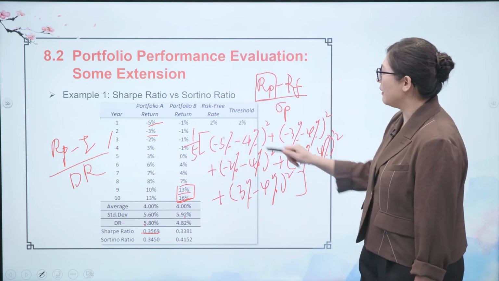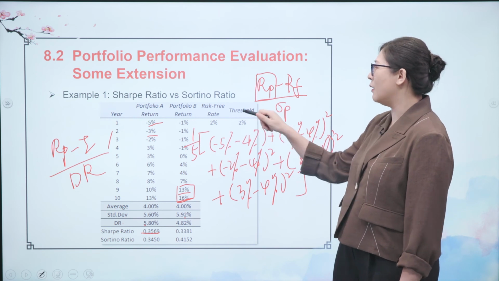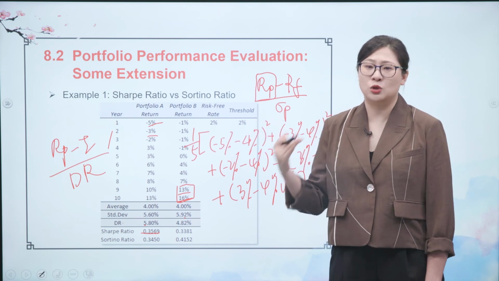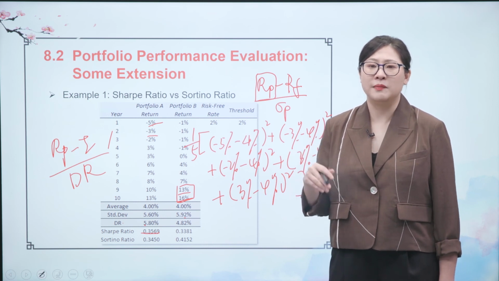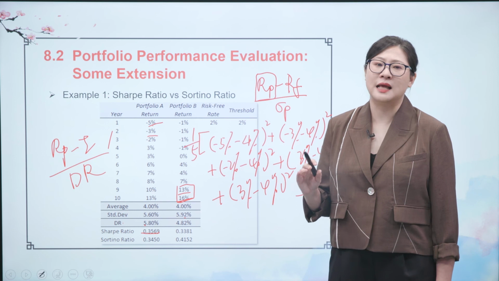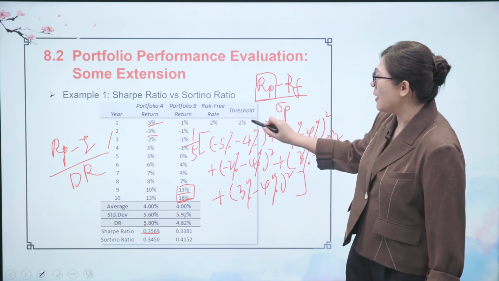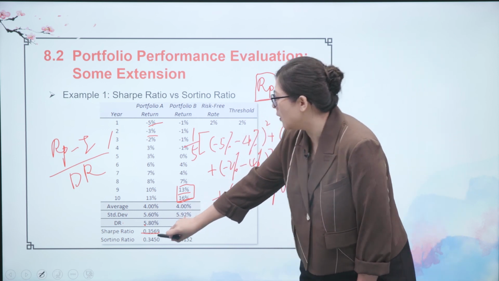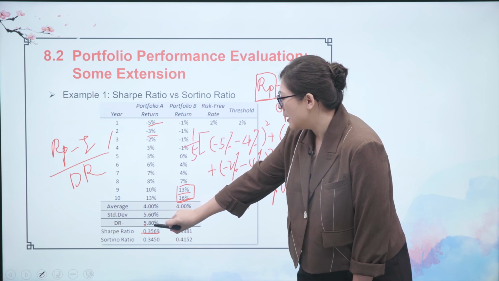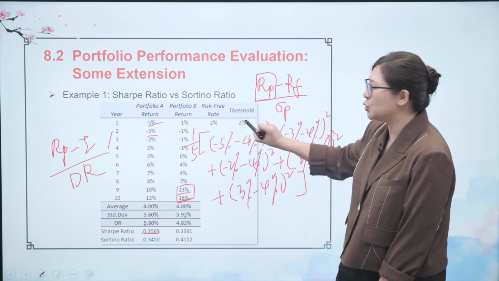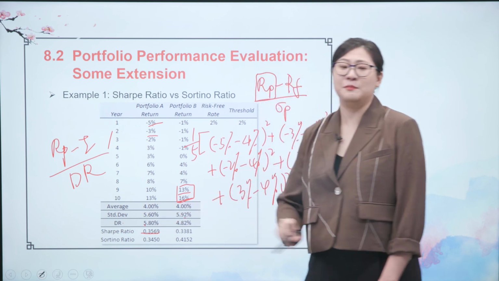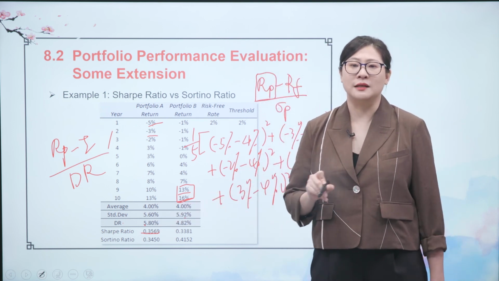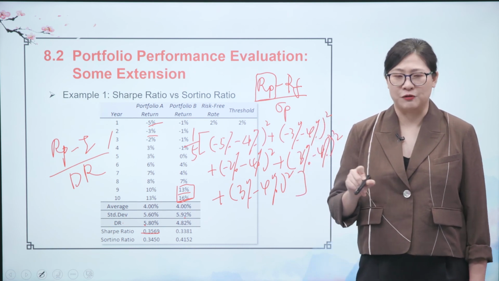In this case, we give you this tau, this threshold is 2%. You can set this minimum level yourself as an investor. So how can we calculate the Sortino ratio? This should equal 4% minus 2% over 5.8% to calculate the Sortino ratio for portfolio A.